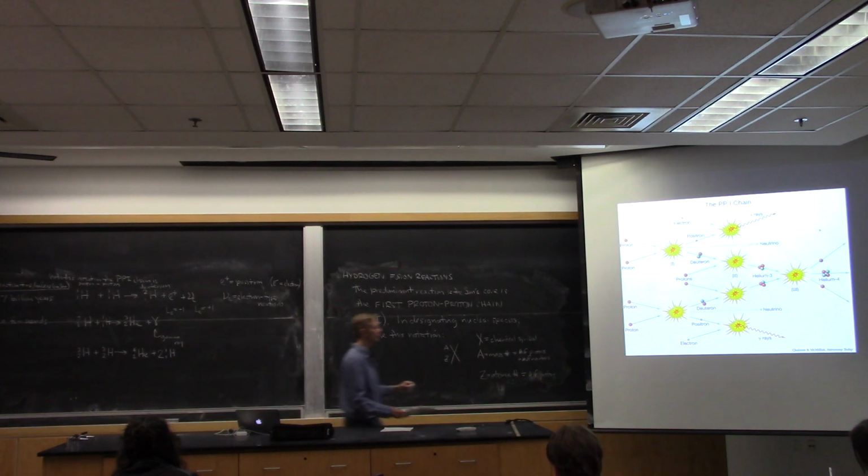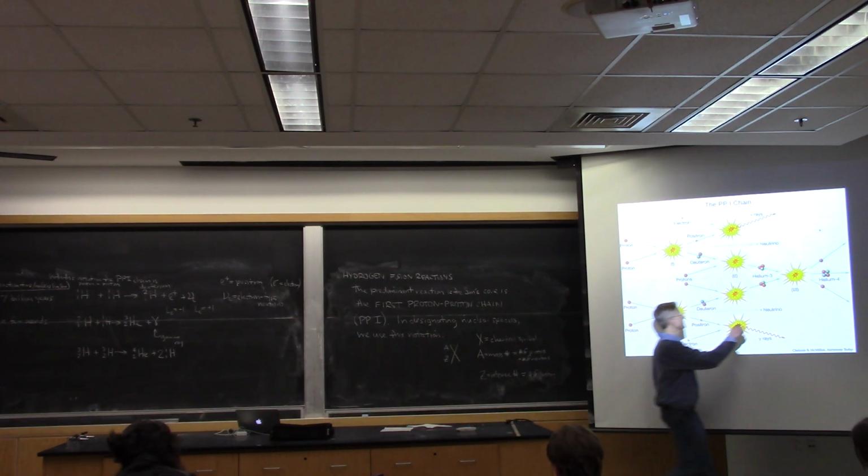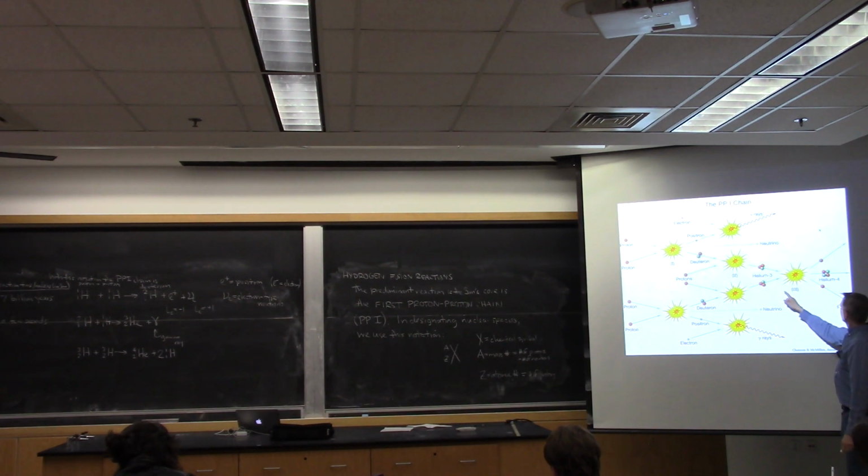In other words, in this last step, notice that there are 1, 2, 3, 4 protons going in, but only 2 of them end up in the helium-4 nucleus, and the other 2 fly out. They're released. And so that's why there's plus 2 1,1H there.